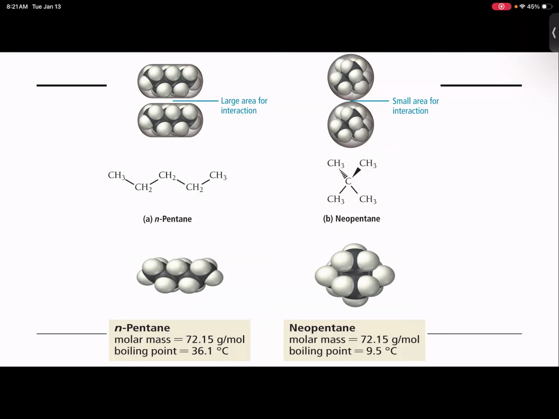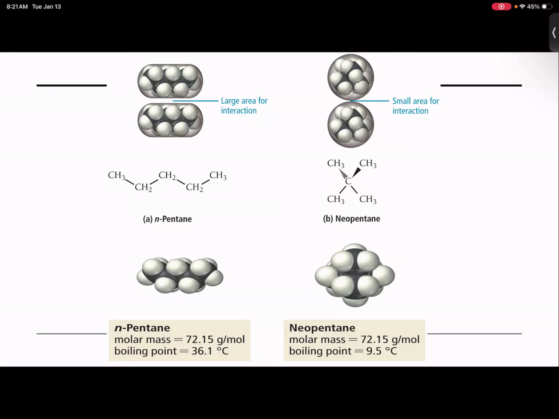That difference in shape, where one is larger than the other with respect to the amount of intermolecular forces that can occur between the molecules, is the reason that n-pentane has a boiling point of 36.1 degrees Celsius, whereas neopentane has a boiling point of 9.5 degrees Celsius.